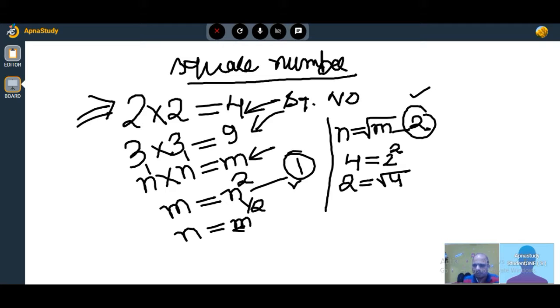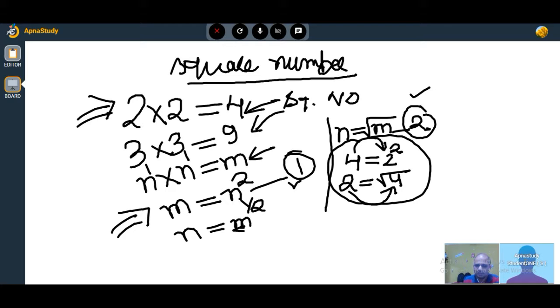Now, let me give a definition to this. If 2 is the square root of 4, then I can say that 4 is the square of 2. Is it correct?